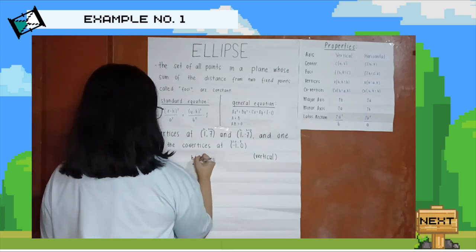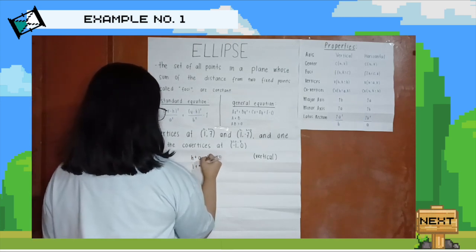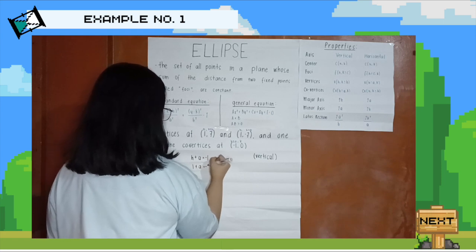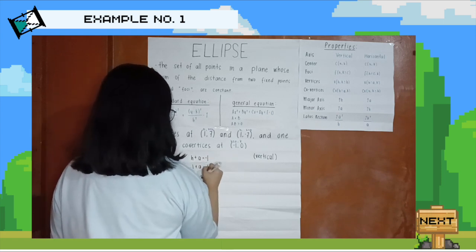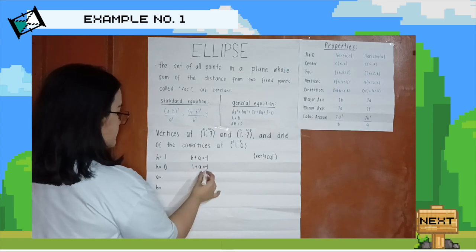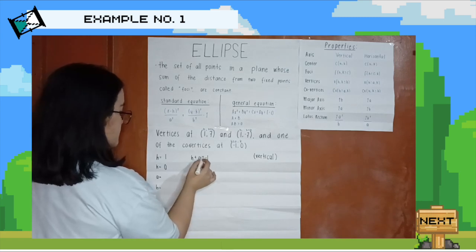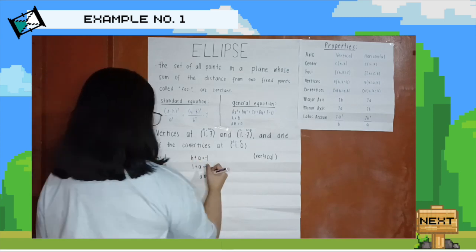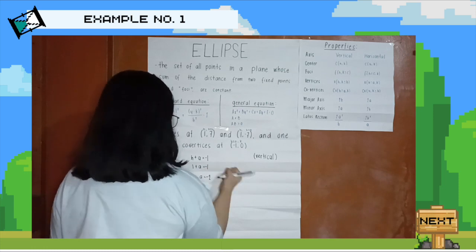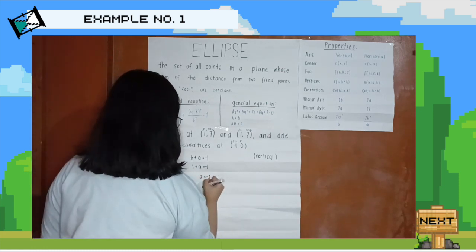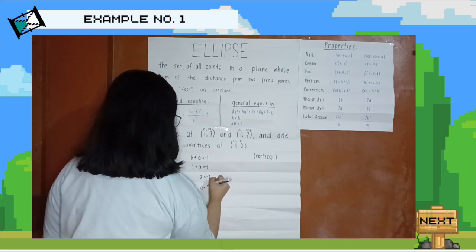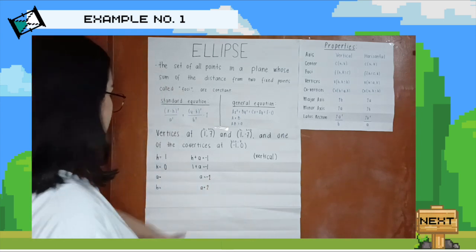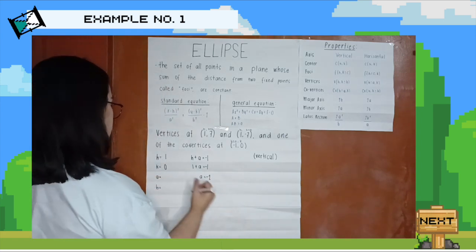So 1 plus a is equal to negative 1. a is equal to negative 1 minus 1, which is negative 2, or a is equal to 2. So our a is 2.